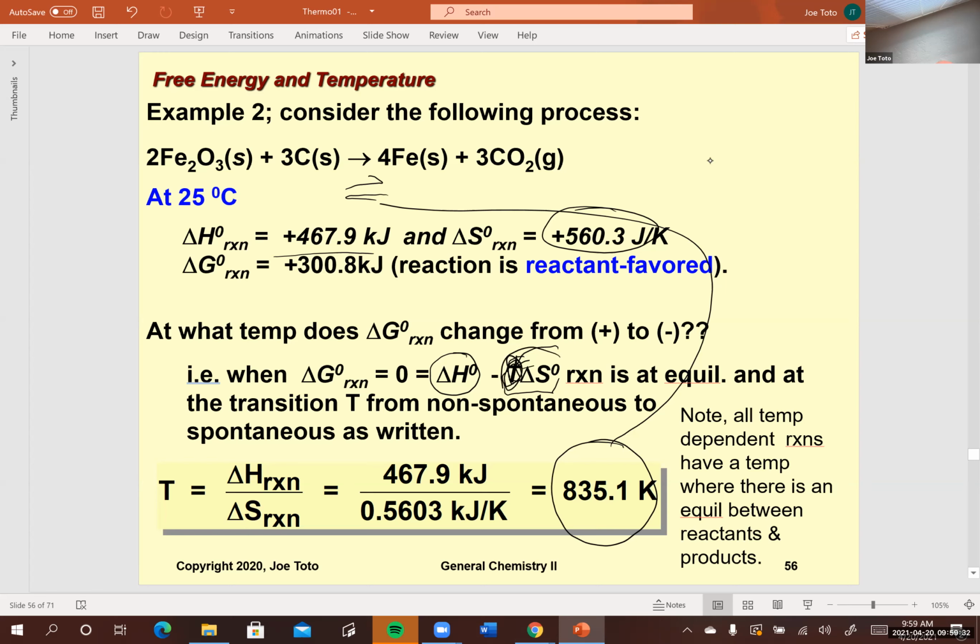That would make this whole term bigger, and it's negative, and then that would carry the sign of delta G over into the negative area and make that reaction spontaneous. Does everybody see that? Yeah. Okay, good. Any questions on that?